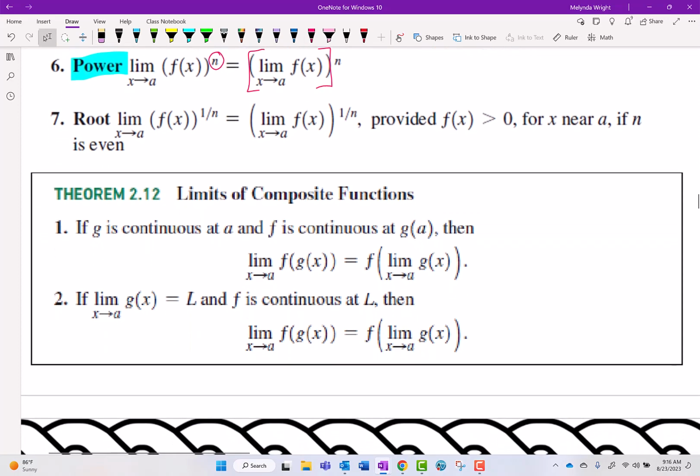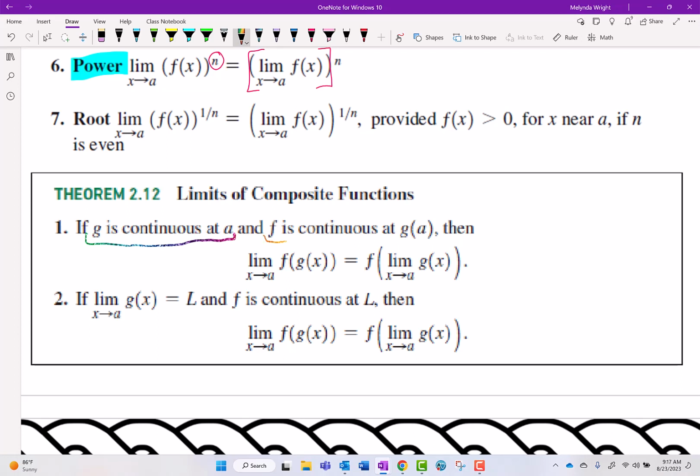These limits of composite functions are more complex. We don't see very many of these, but we will see some. The thing we need to pay attention to is that the criteria has been met. In order for these laws to work, G has to be continuous at that location A. We can't have a hole there.